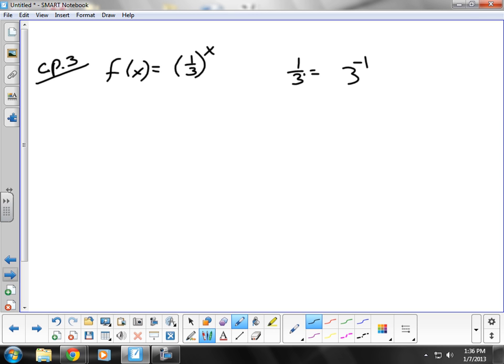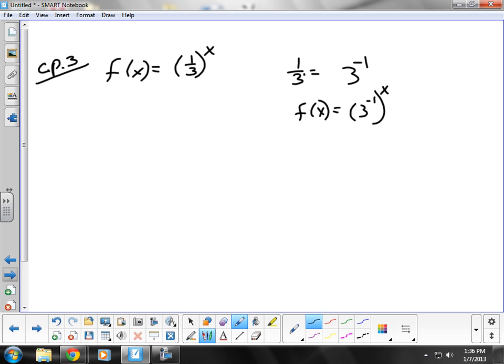And so that means I can take my f of x, and instead of writing it as 1/3 to the x, that's the same thing as 3 to the negative 1 to the x. If 1/3 is equal to 3 to the negative 1, I can interchange those. What do I know about taking a power and raising it to another power? What do I do to the two exponents?